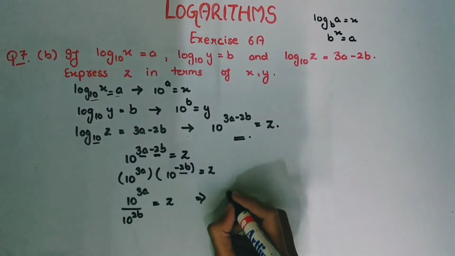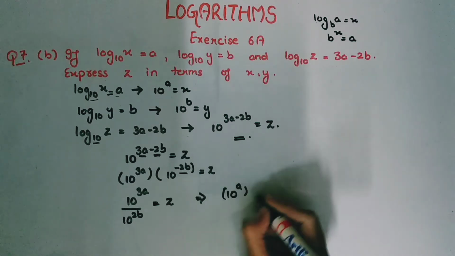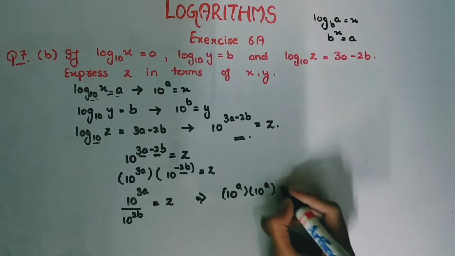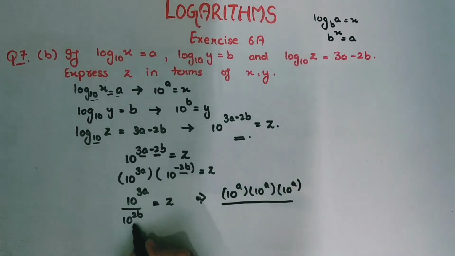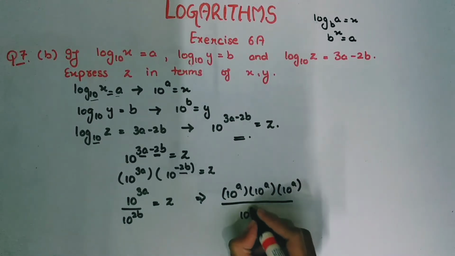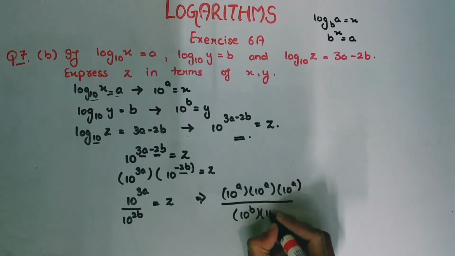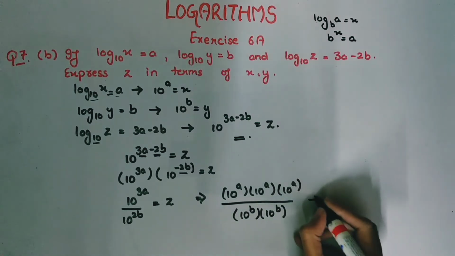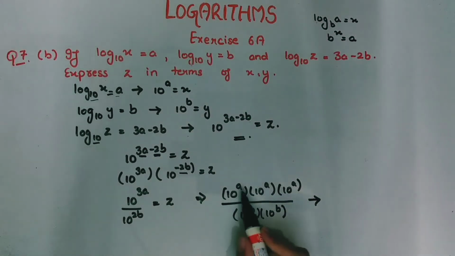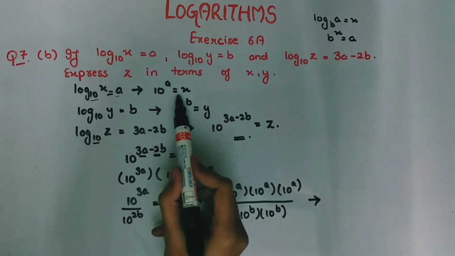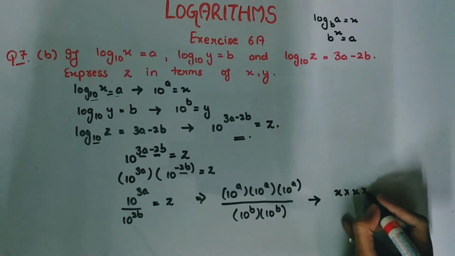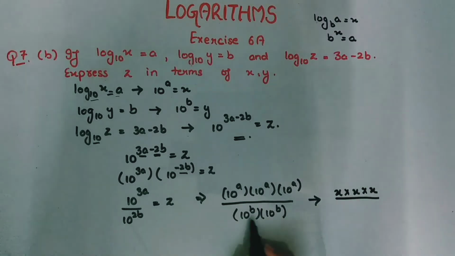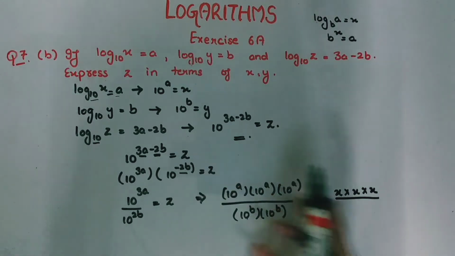10 raised to power 3a means 10 raised to power a multiplied by 10 raised to power a multiplied by 10 raised to power a. Divided by 10 raised to power 2b, which means 10 raised to power b multiplied by 10 raised to power b. Now, the value of 10 raised to power a is x, and 10 raised to power b is y.